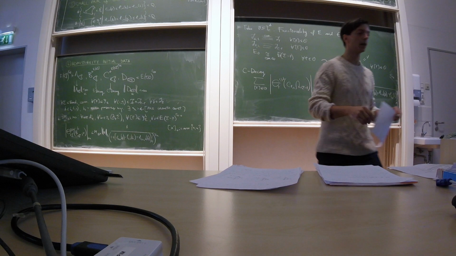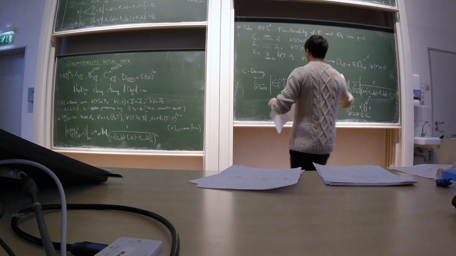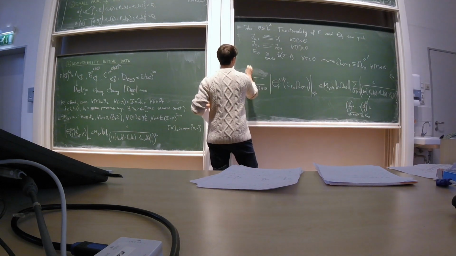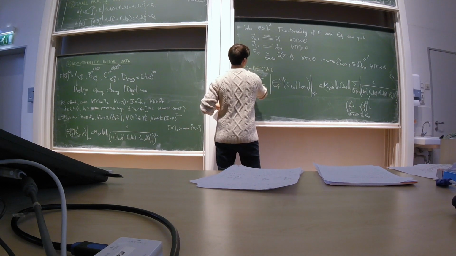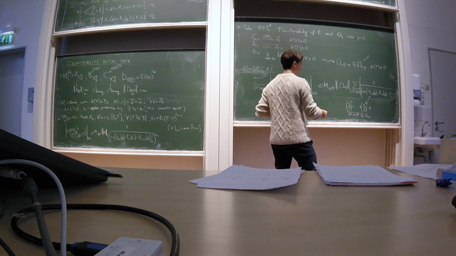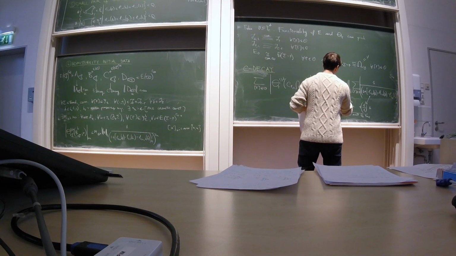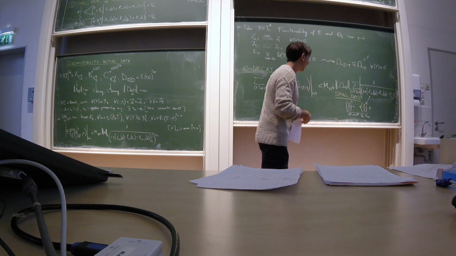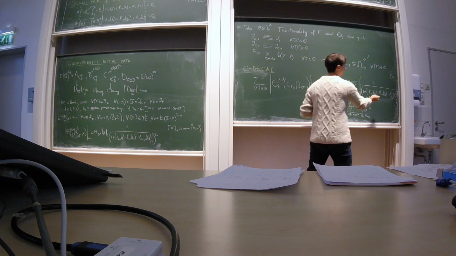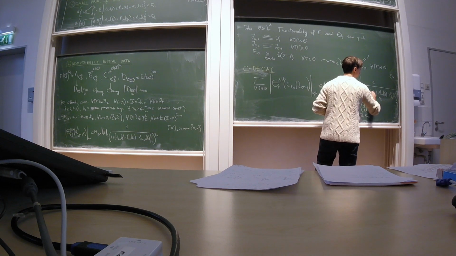So maybe I should write the axioms when we use them. So this is C decay. We used it already. And now we're using small curve band. And now we want to control when this is not 0.